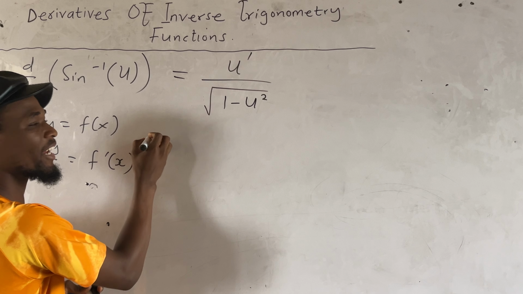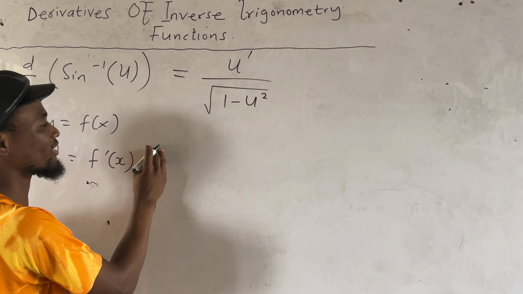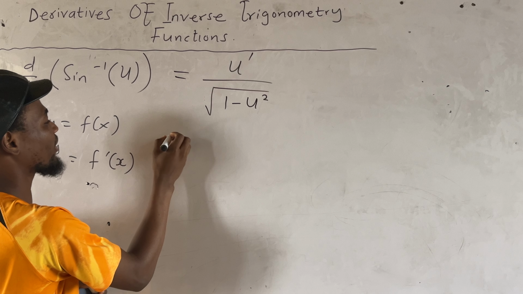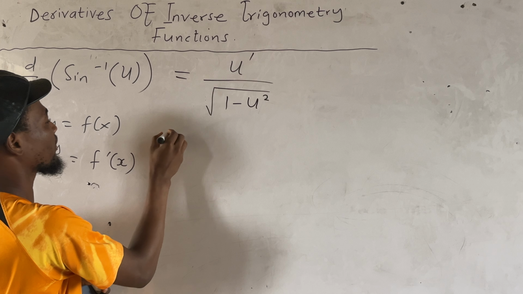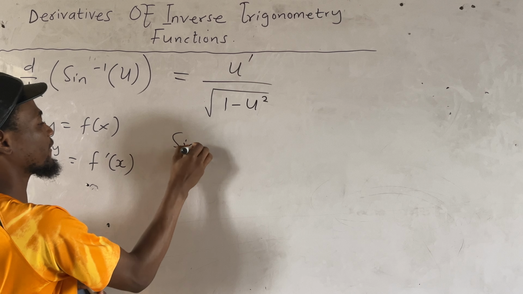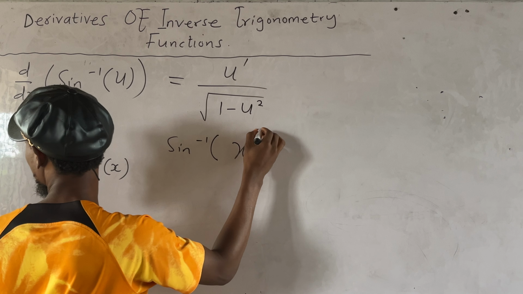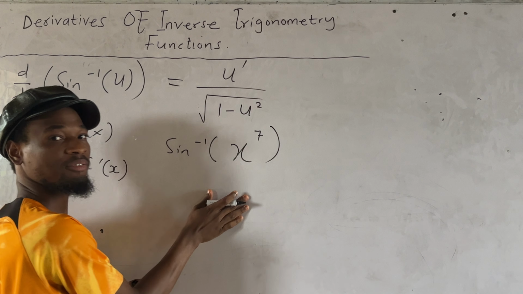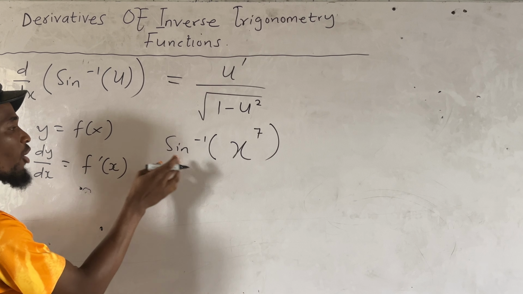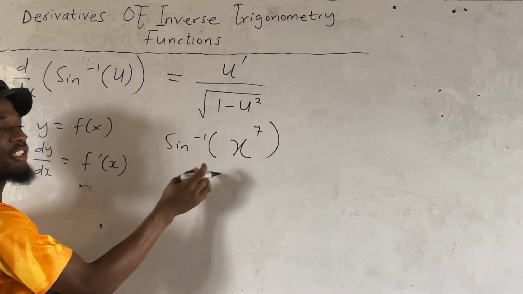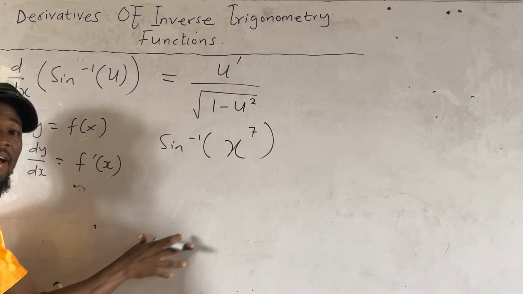So having done this, let us consider the following. Find the derivative with respect to x of sine inverse of x to the power 7. How do you find the derivative of this with respect to x?